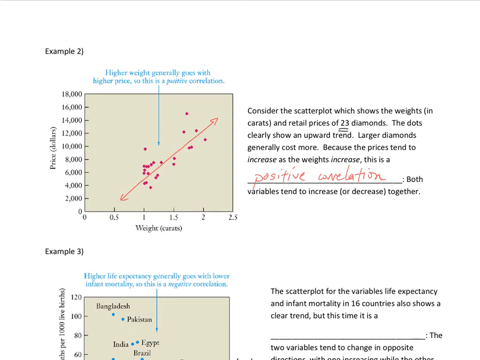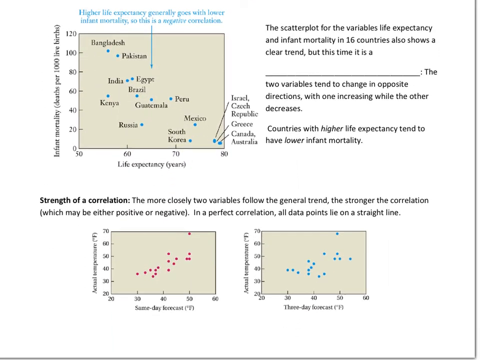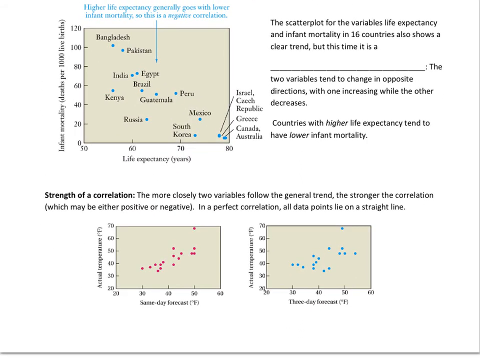Let's take a look at this third example really quickly here. We have life expectancy versus infant mortality. Oh, that's a very cheery topic. All right, so the scatter plot for the variables life expectancy and infant mortality in 16 different countries, and luckily they're all labeled for us, so that's nice.